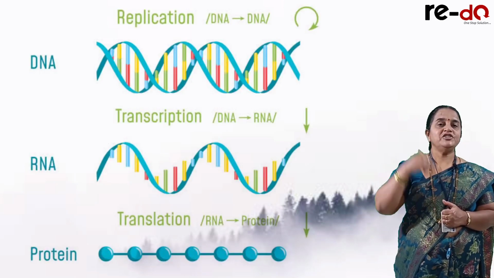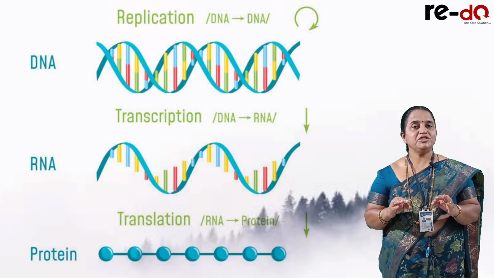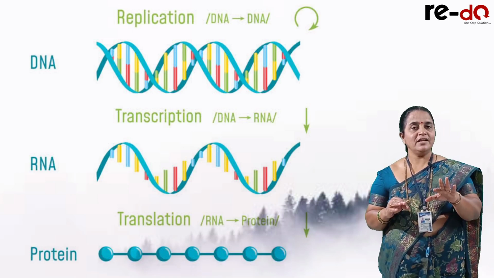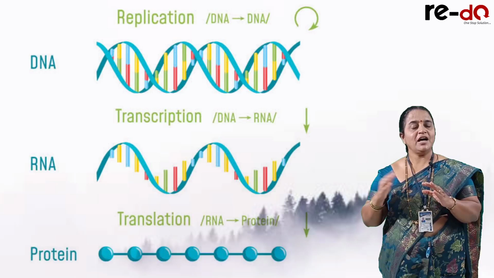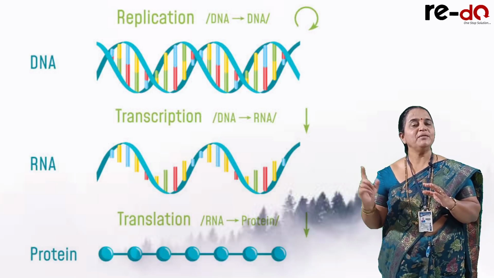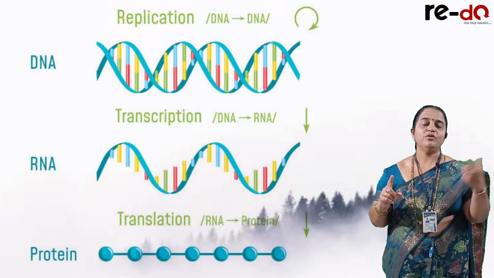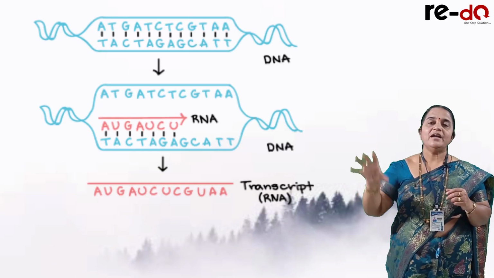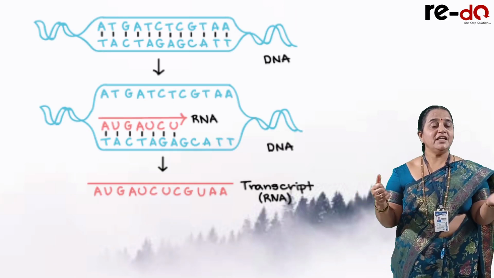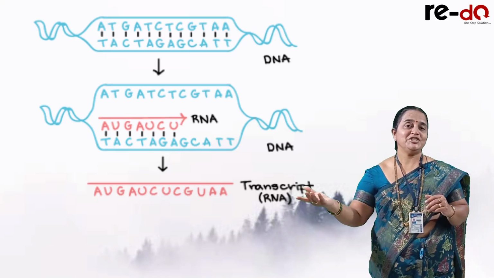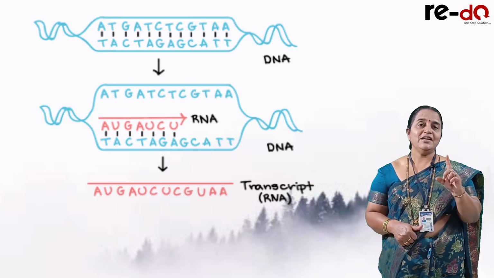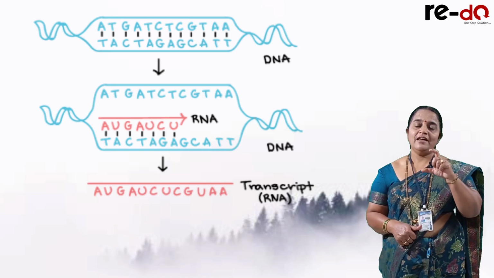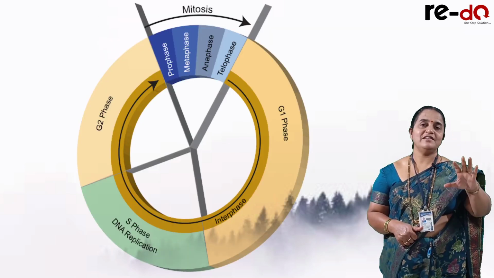So G1 and G2 involve transcription, DNA producing RNA, followed by translation, RNA coding for protein to polymerize amino acids into polypeptide, and between these two, the entire DNA undergoes replication. DNA producing DNA is replication. So DNA replication occurs in the S phase of interphase of the cell cycle.